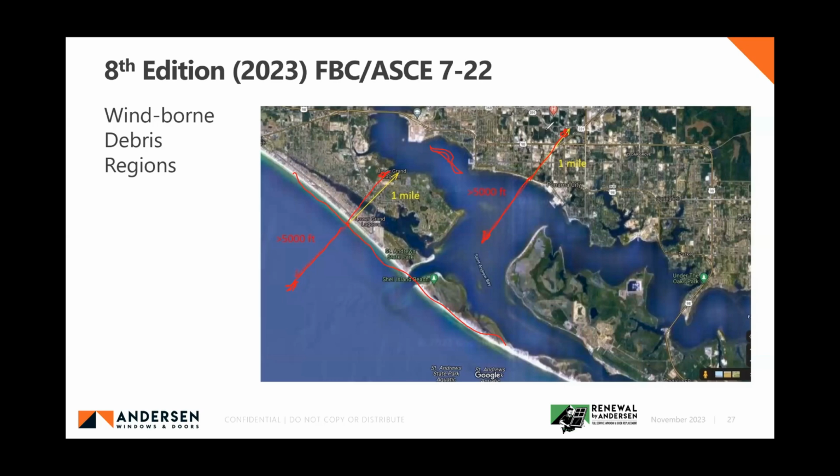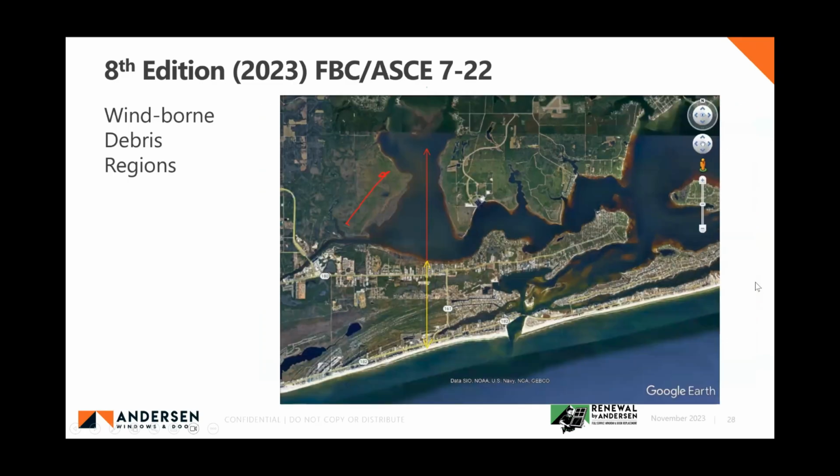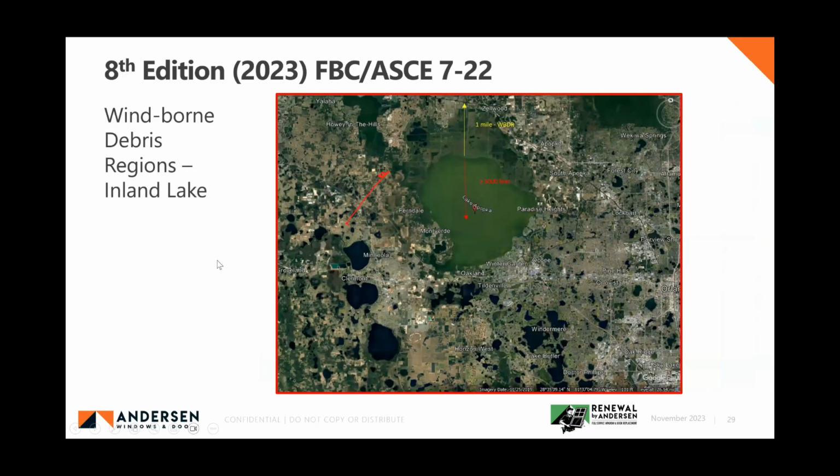What we didn't appreciate was the number of inland bodies of water that it was going to impact. Like I mentioned, that was another example I was showing you there.